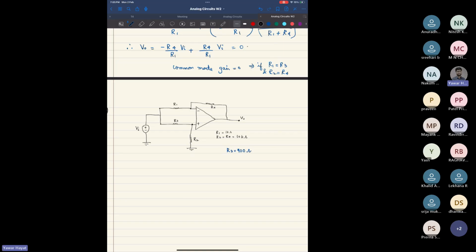Share the session PDF. Yeah, I'll share this PDF. What about this though? Try to find the gain.